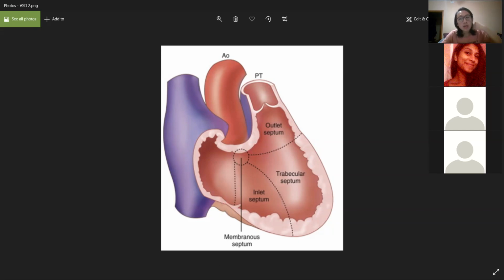I will explain later on that sometimes your inlet VSD extends into your atria, and that is why the name can be called atrioventricular septal defect instead of just ventricular septal defect.